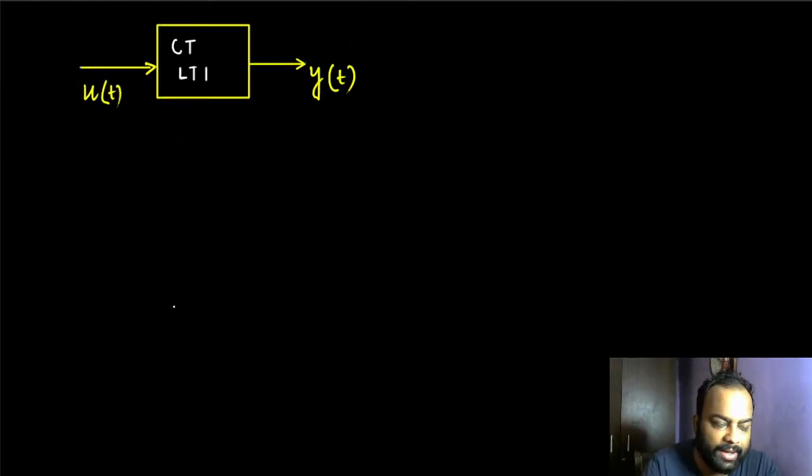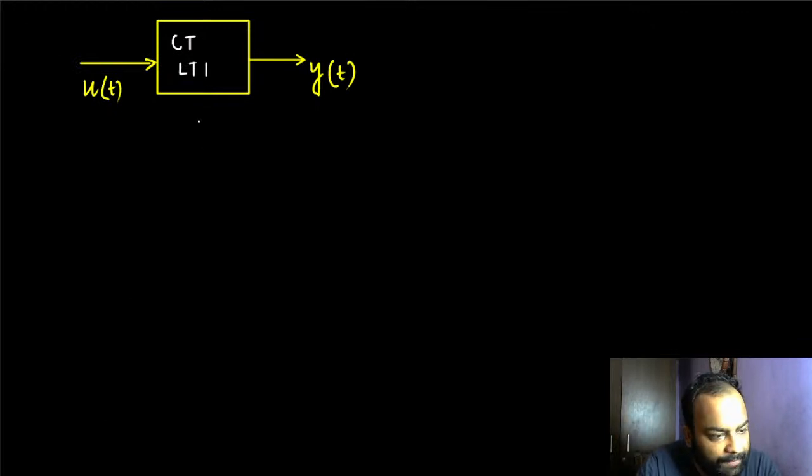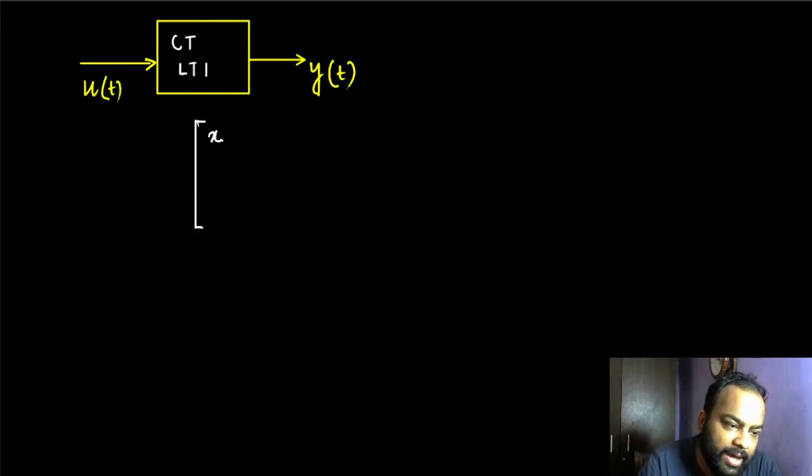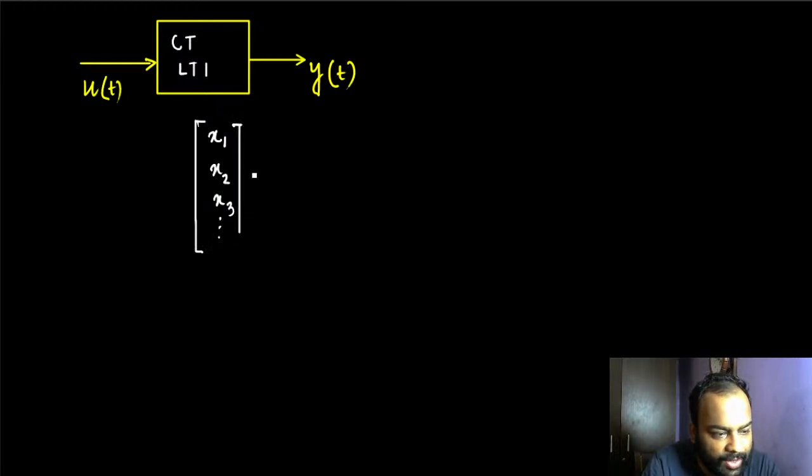For example, for a mechanical system, we describe the internal dynamics by the position or displacement of objects, the velocity of objects, the acceleration of objects, and so on. These so-called state variables represent internal variables, used to describe the internal dynamics.